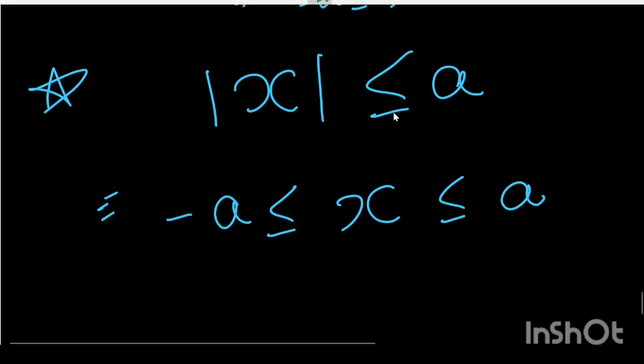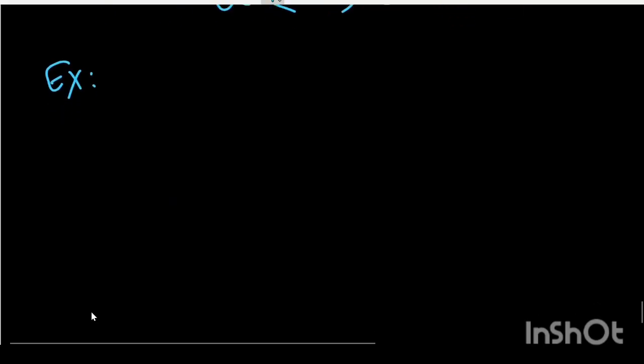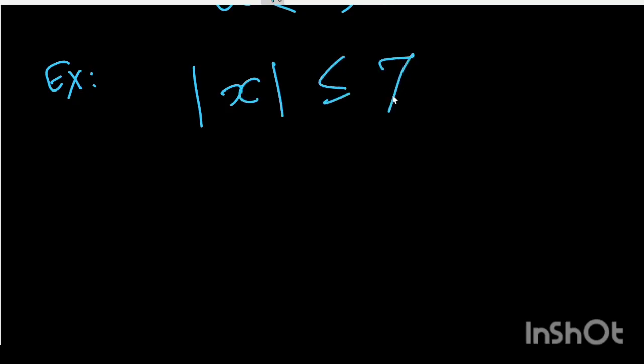Now if equality is not here, it won't be here, and if equality is present, it would be present here as well as here. For example, mod of x less than or equal to 7: this system is equal to x square less than or equal to 7 square.